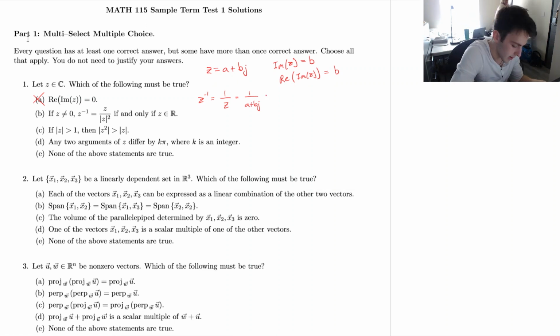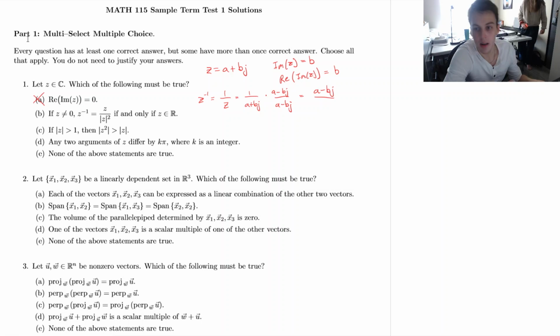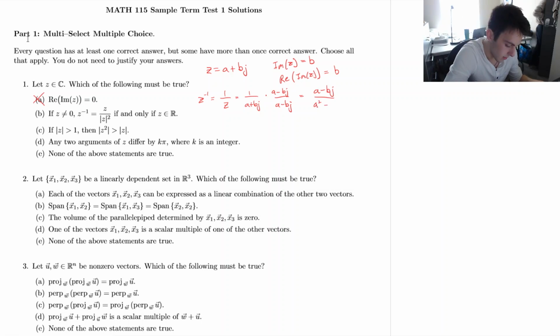We'll multiply the top and the bottom by the conjugate, and we get a minus bj over, and then we have a difference of squares here: a squared minus b squared j squared. You'll remember that j squared is equal to -1, so the bottom simplifies to a squared plus b squared.